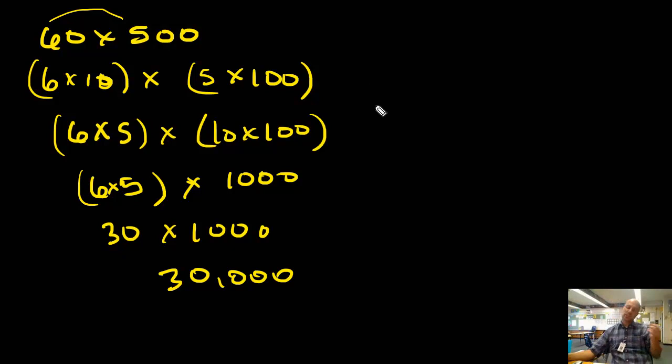When you're using this property, you're making it a little bit easier on yourself, because let's say you had something like 6 times 5,000, and you could go 0, 0, 0.